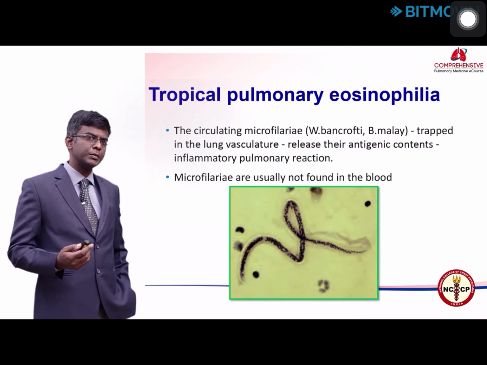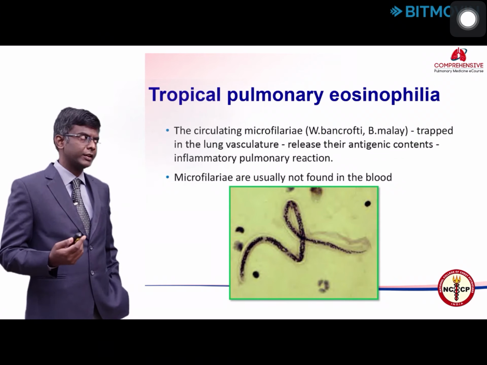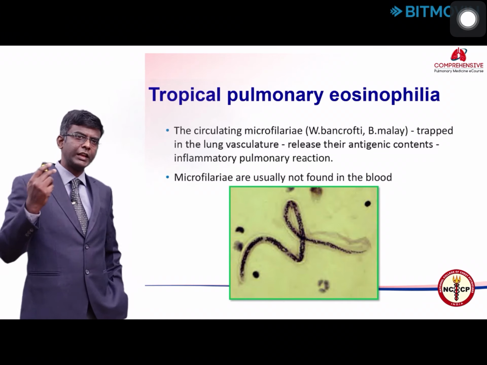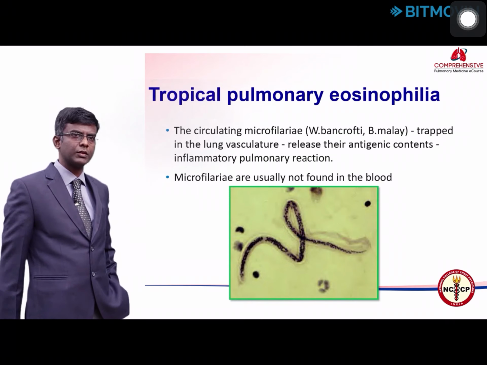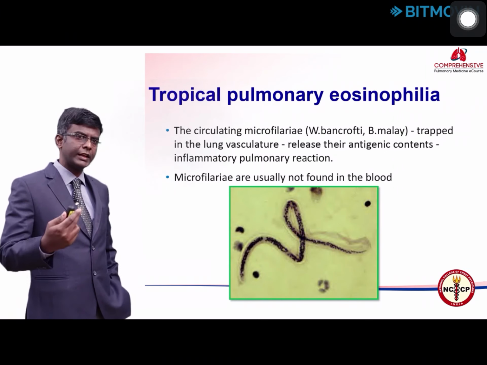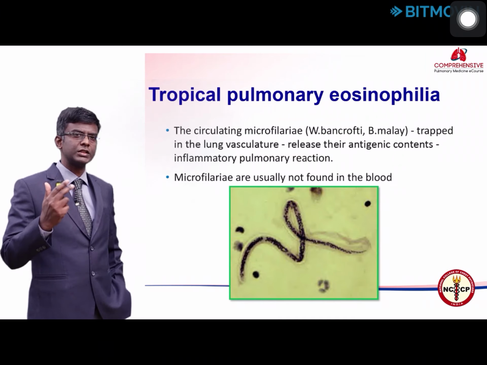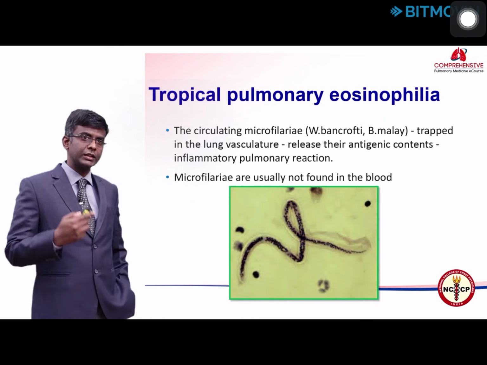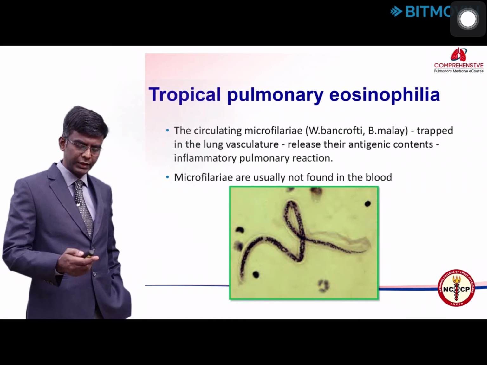It is caused by the circulating microfilaria, Wuchereria bancrofti and Brugia malayi, when they get trapped in the small blood vessels of the lung parenchyma. When they get trapped, they release their antigenic contents, and it causes a very intense eosinophilic inflammatory reaction. And at that time, microfilaria are usually not demonstrable in the peripheral blood.